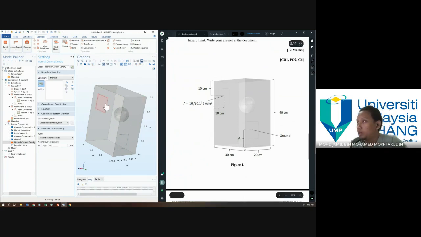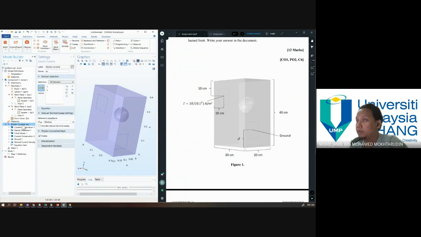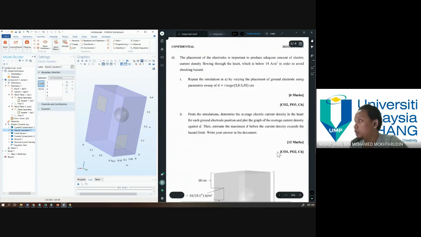Then set on the top electrode. Okay, so I think everything has been set.